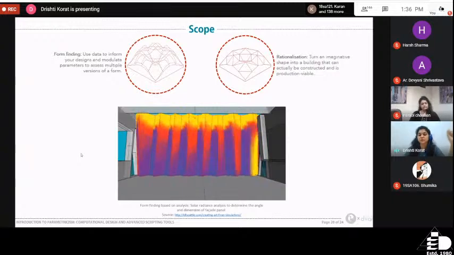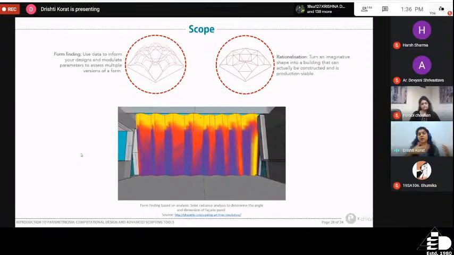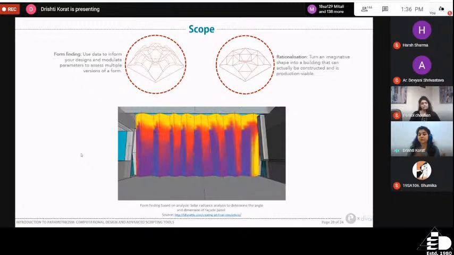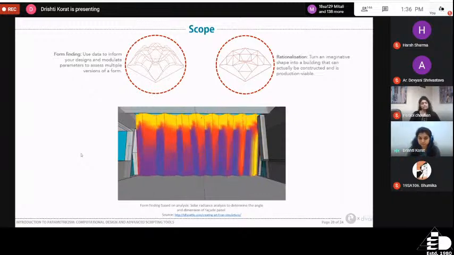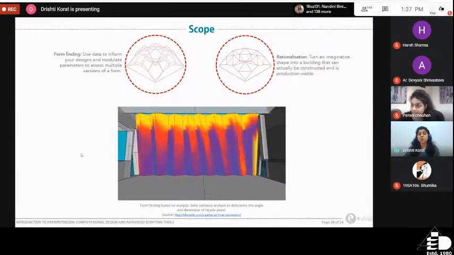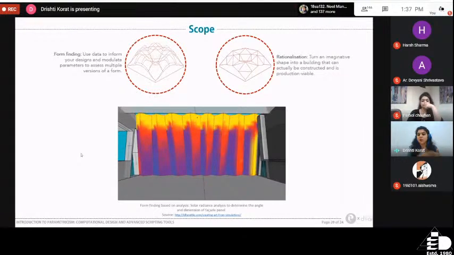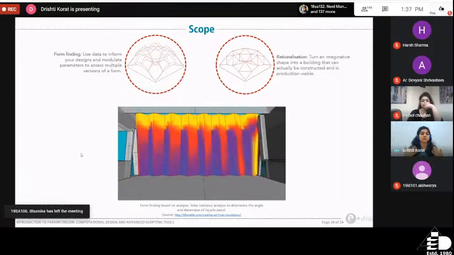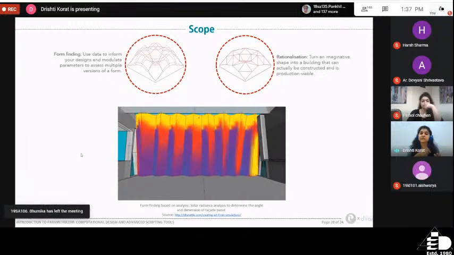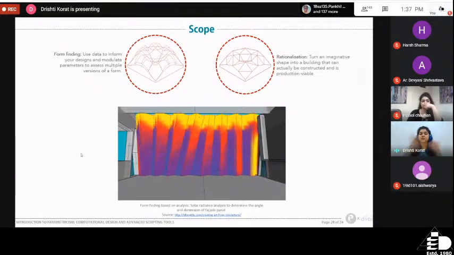I mean, the production of it is viable. If you have this entire huge curve going across the roof, and every single panel is of a different shape and size, it will no longer be viable. I mean, it is possible, but not viable, because it will take a large amount of time to be executed. It will require a lot of money to make every single customized panel and then assemble it.